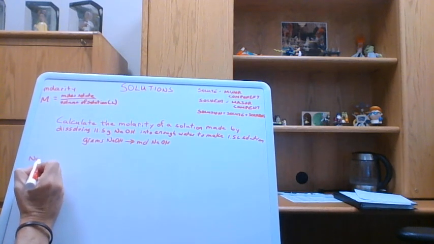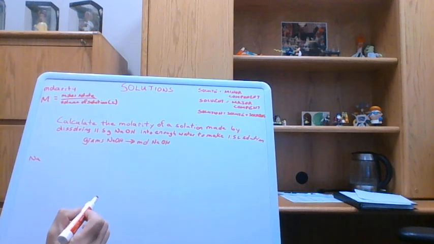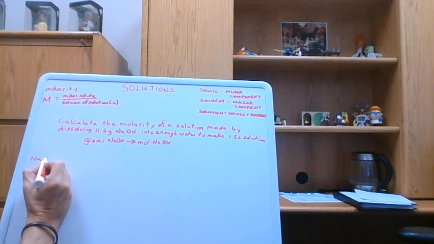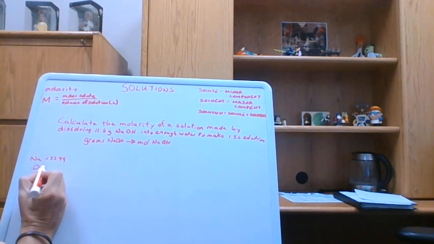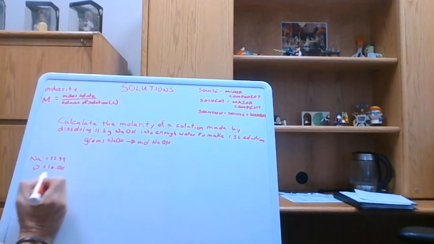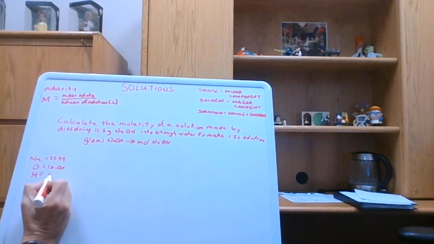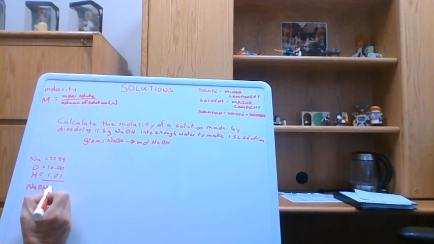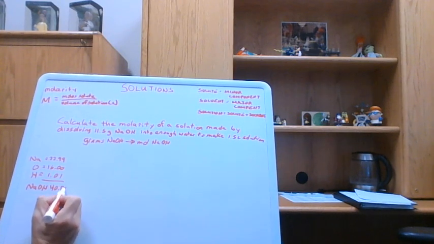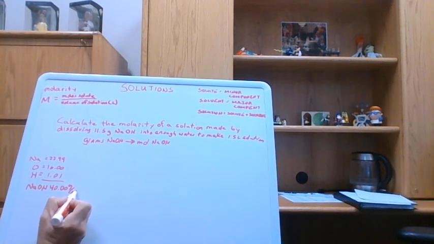So sodium is 22.99. We have 1 oxygen, which is going to weigh 16.00, and we have 1 hydrogen, 1.01. So the molar mass of sodium hydroxide is going to be 40 grams per mole, right?